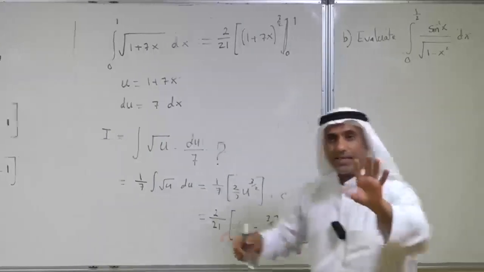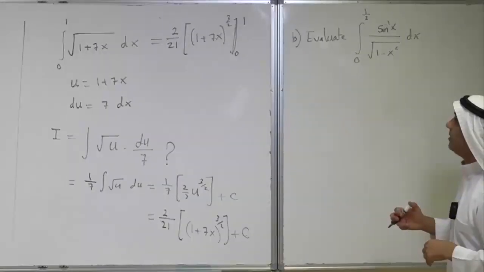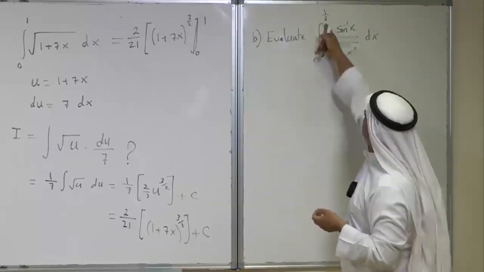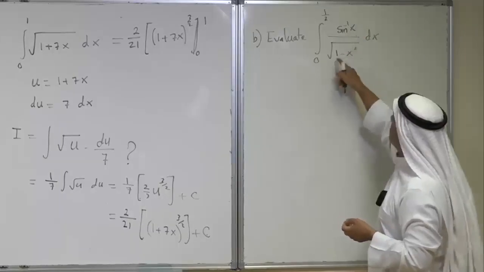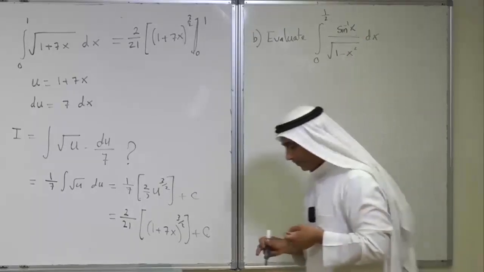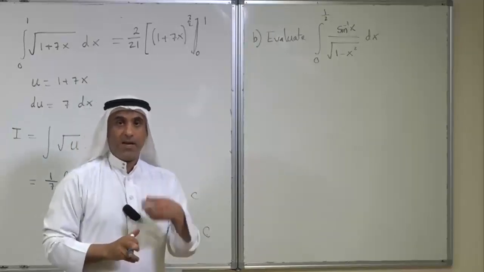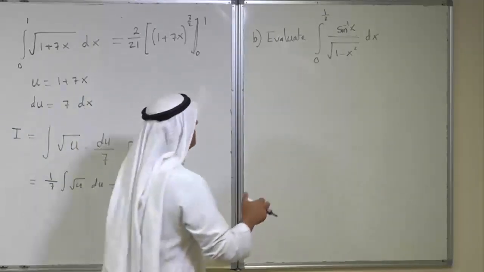Okay, now I can come to the second exercise to do the same thing we did in this exercise. The exercise says evaluate from 0 to 1/2 sine inverse of x dx over radical 1 minus x squared. How to use the substitution rule to find the answer?